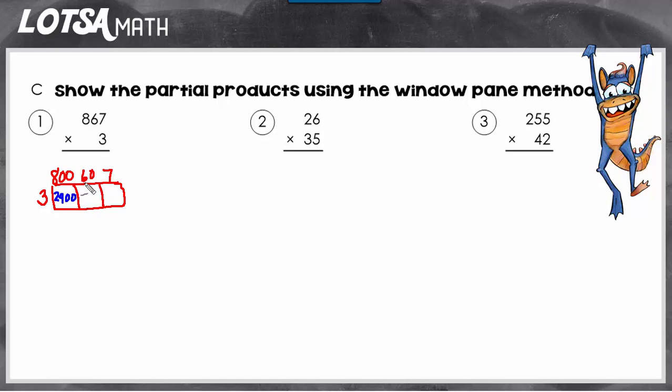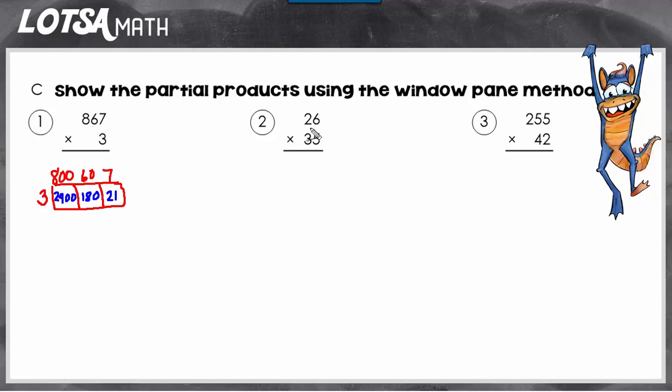In this box, we're going to look up to the 60 and all the way over to the 3. So I'm going to do I Spy 6 times 3, which is 18, with 1 zero. And in this one, I just need to do 7 times 3, which is 21. So the partial products of 867 times 3 are 2,400, 180, and 21.